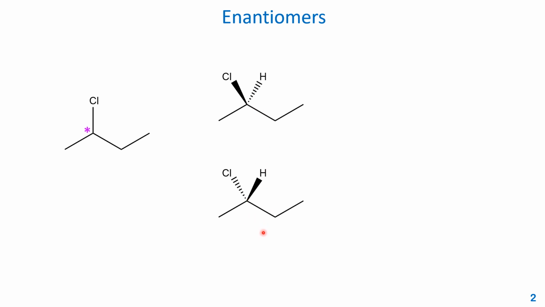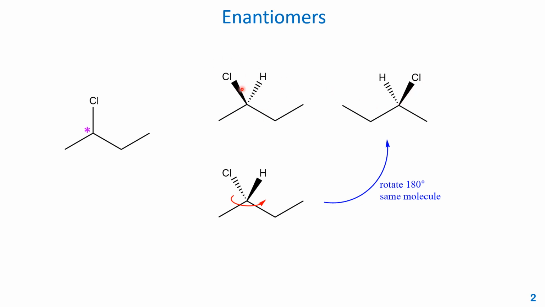What's the relationship between them? First, they are not the same, so they are not identical. Now, if you rotate this isomer 180 degrees, you draw the same molecule in a different way. Now the chloro points toward you because you rotated 180.